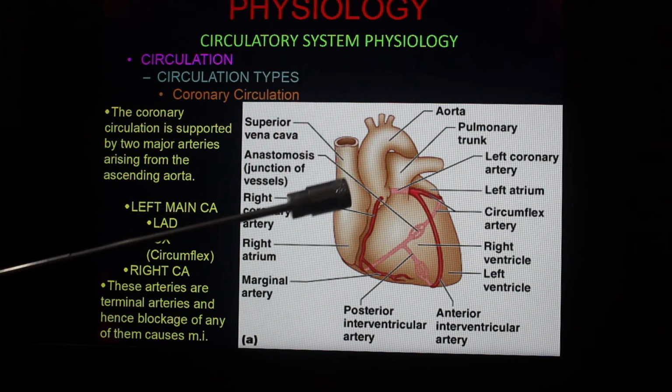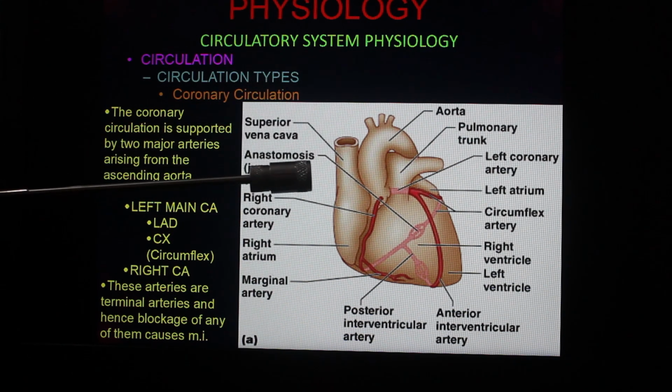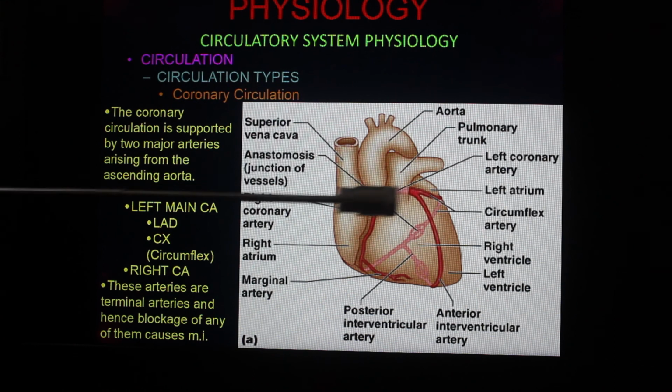The vessels that carry oxygen and nutrients to the heart itself are given a special name because they are all around the heart like a corona. The name coronary arteries is given to these arteries. In fact, they are the specific arteries that supply the heart itself.